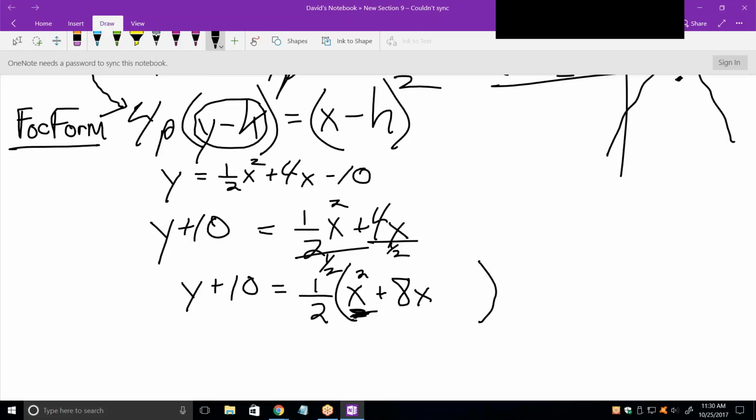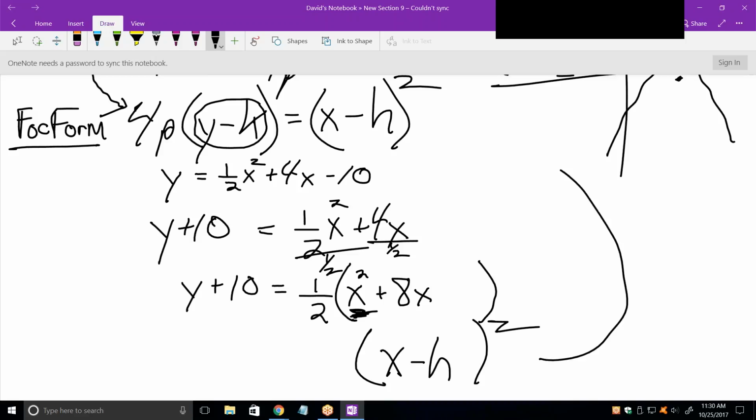Inside the parentheses, there is nothing but an x squared term with a 1 in front of it and some number of x being added or subtracted to it. What I want this to look like is x minus h quantity squared. And then I'm getting closer and closer to my format.